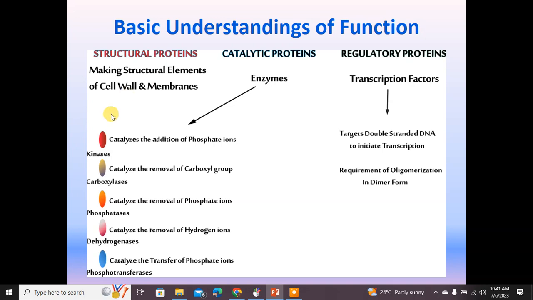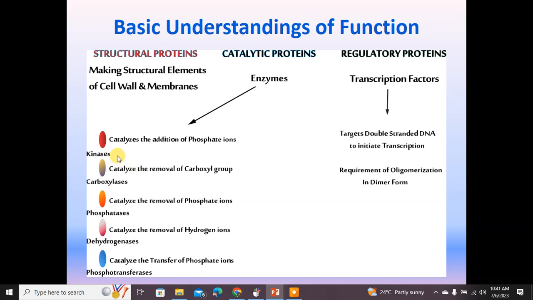The third, if you are reading protein A phosphatase, phosphatase is the opposite of kinase. The kinase catalyzes the addition of phosphate ions, and in reverse the phosphatases remove the phosphate ions from the substrate. Dehydrogenase will catalyze the removal of hydrogen ions, and so on.